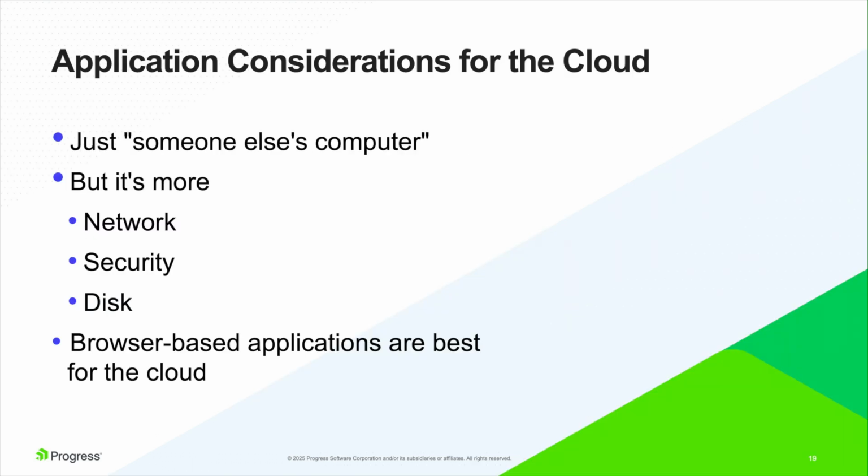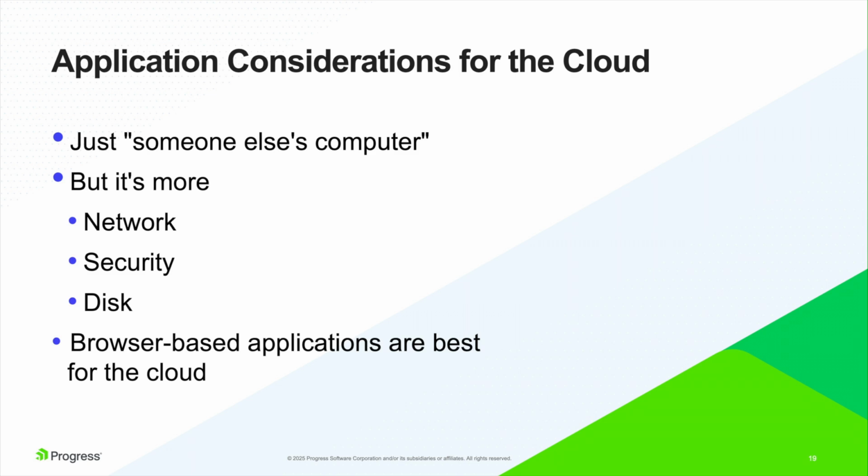If you're thinking about going to the cloud, Azure or AWS, I know it may seem like it's just somebody else's computer, but there are things that you probably should consider, specifically around networking and what aspects of your application or other applications that you have to integrate with are on-prem versus in the cloud.